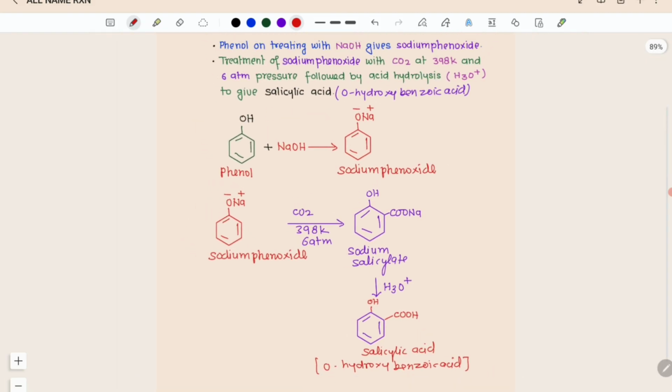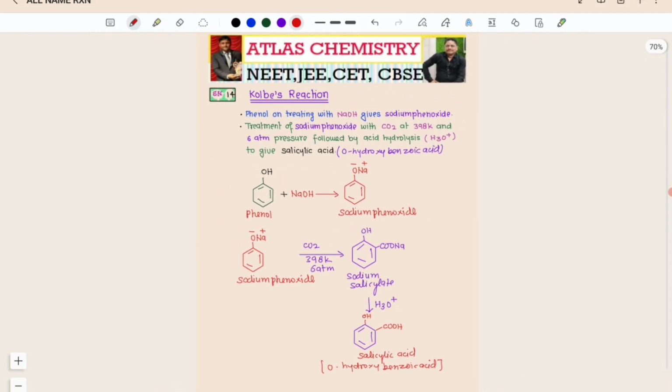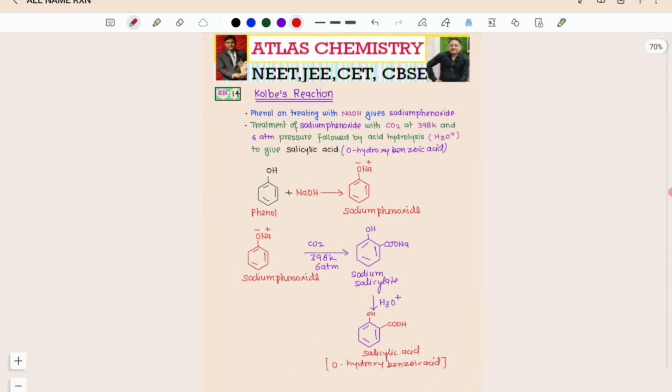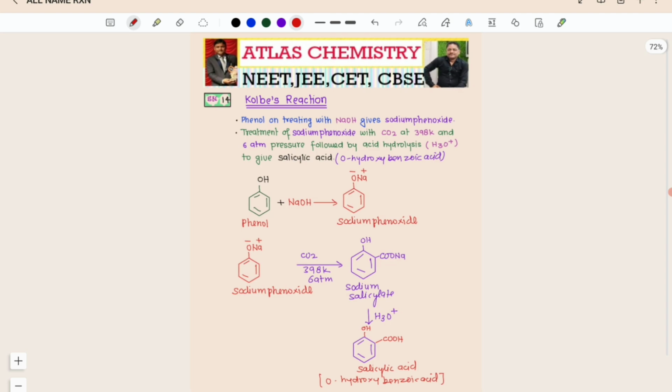This reaction is known as Kolbe reaction, and it is used for the preparation of salicylic acid.